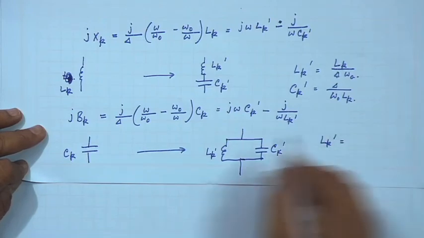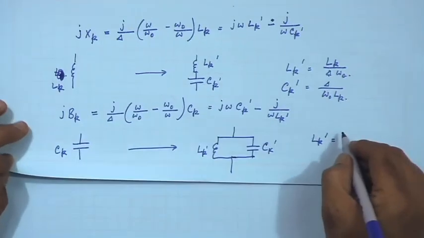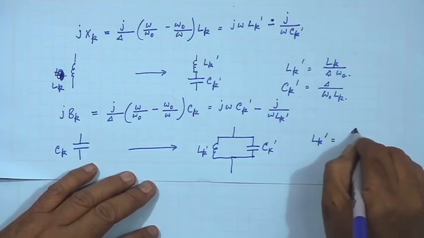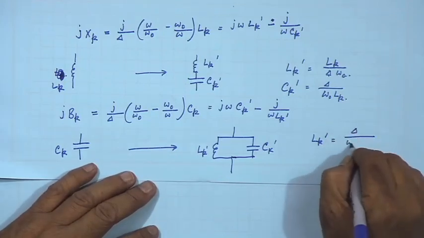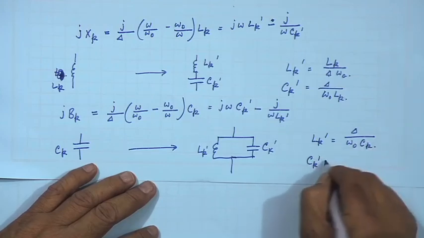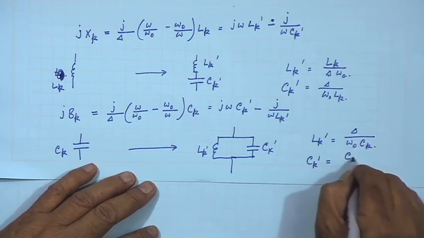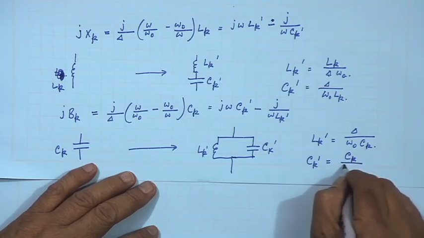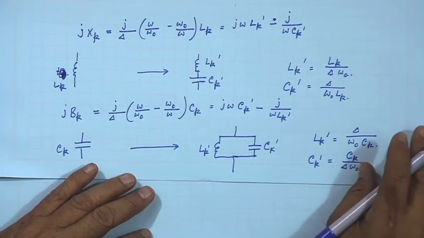Comparing here, Lk dashed is delta by omega naught Ck, and Ck dashed is equal to Ck by delta omega naught.